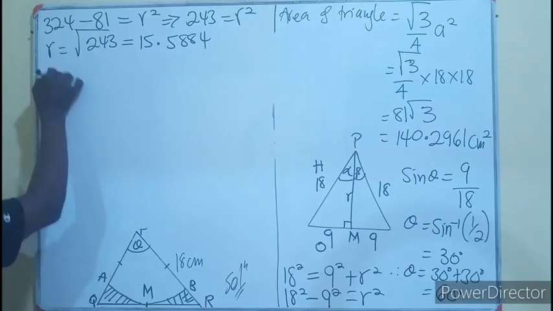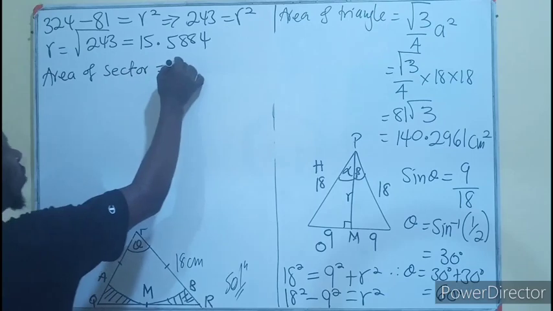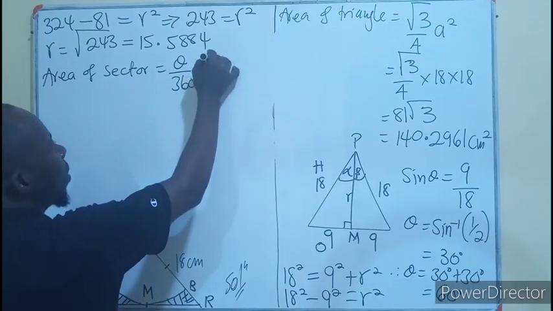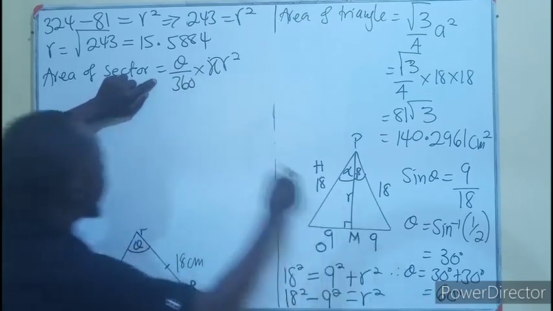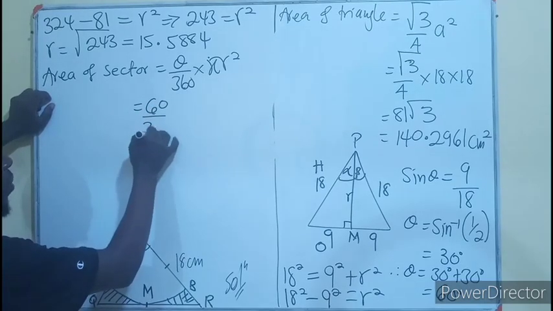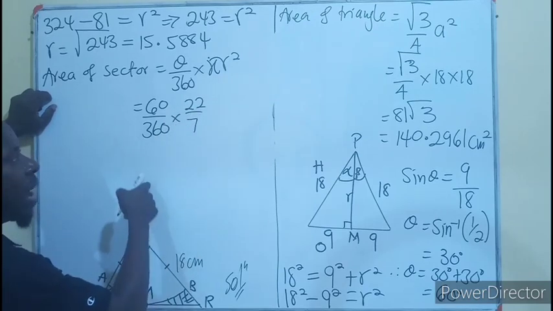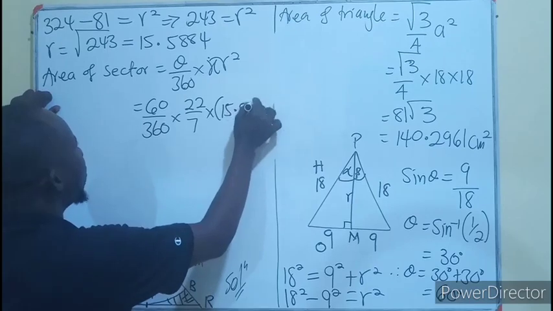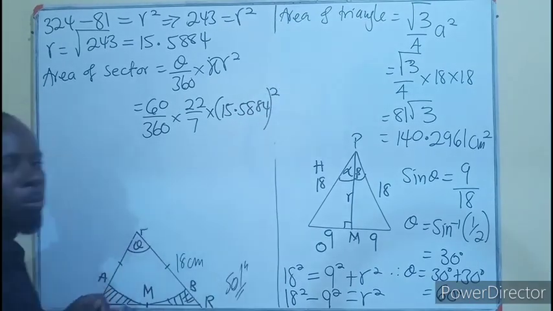So the area of the sector is going to be theta over 360 times pi r squared. Theta I know as 60 degrees, then over 360, 22 over 7 is what pi is, times 15.5884 all squared.